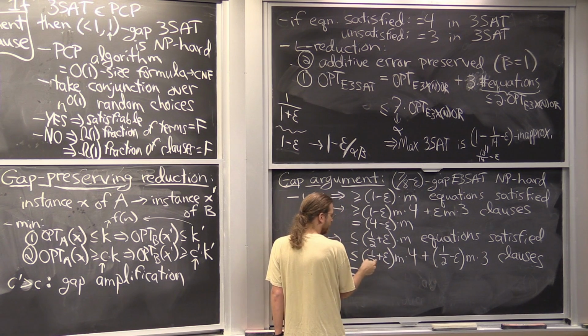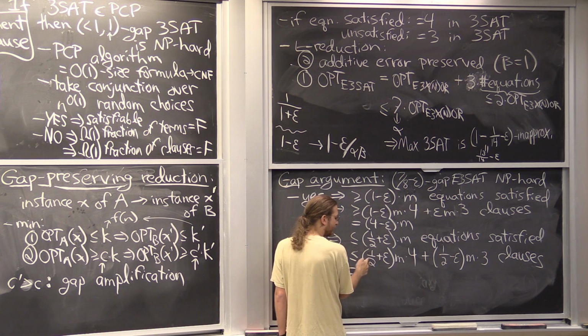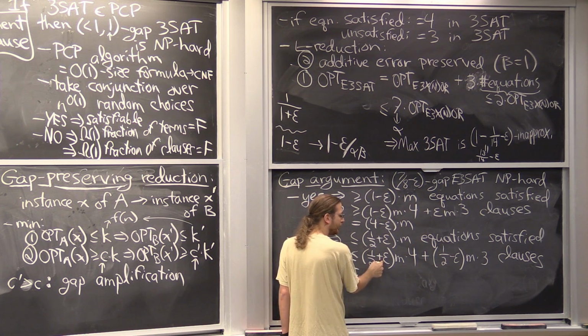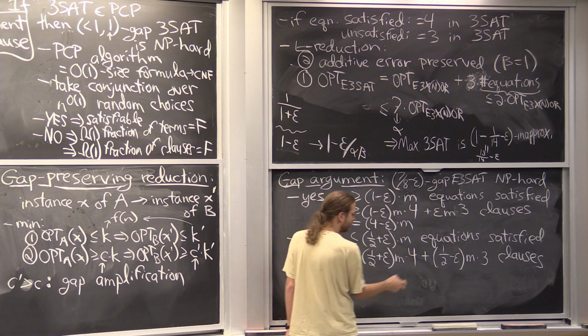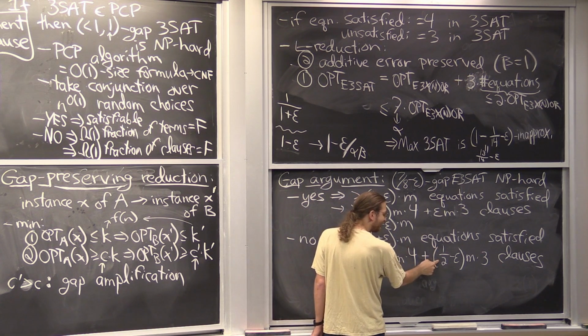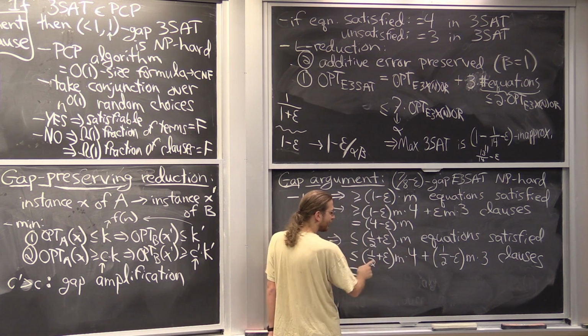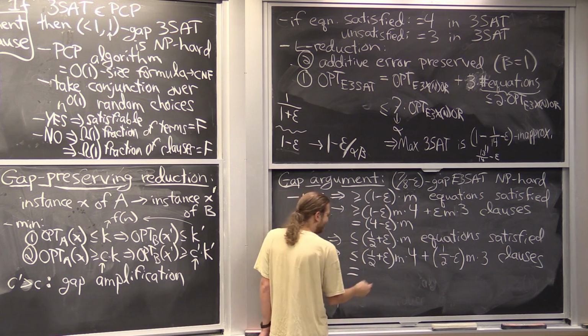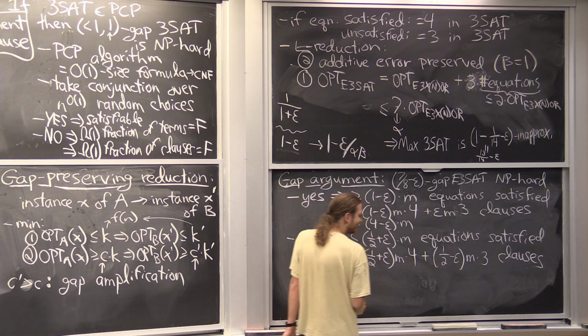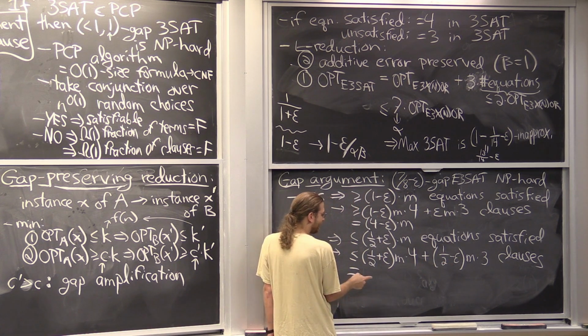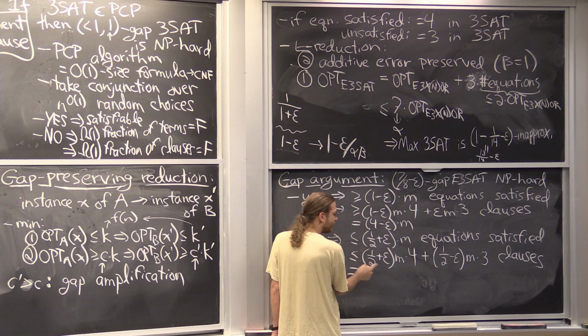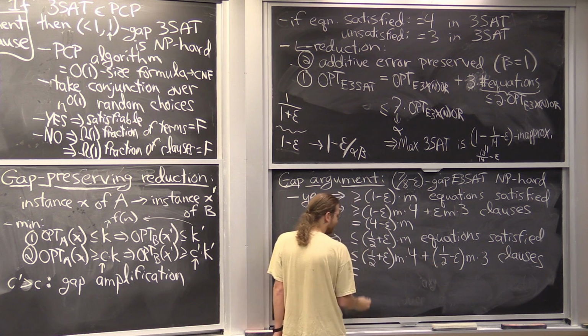So we have 4 halves, also known as 2, plus 4 epsilon, plus we have 3 halves, minus 3 epsilon. So the epsilons add up to plus epsilon, that much I can see, 4 epsilon minus 3 epsilon. And then we have 4 halves plus 3 halves, also known as 7 halves, yes.